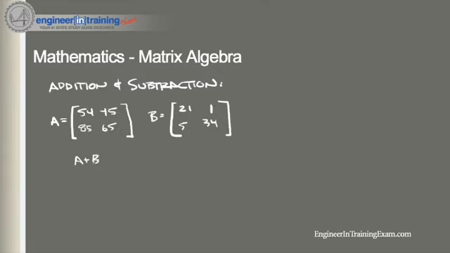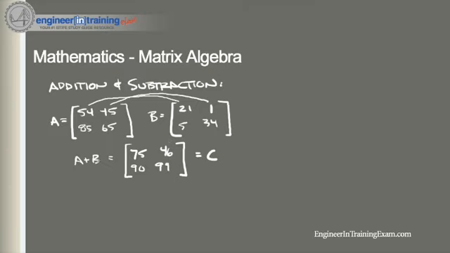So 54 plus 21 is equal to 75. 45 plus 1 is 46. 85 plus 5 is 90. And 65 plus 34 is 99. That would be our new matrix, and we would call that C or any other letter except for A and B, since those are already defined.